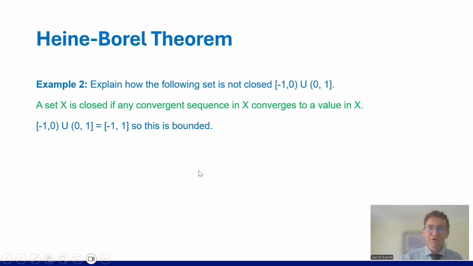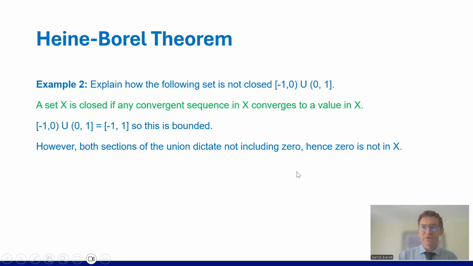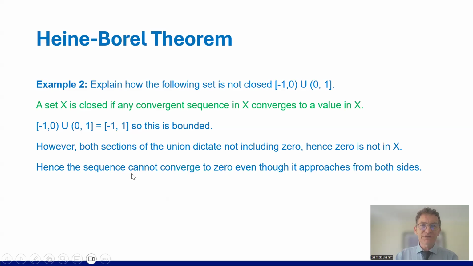However, both sections of the union dictate not including 0. Hence, 0 is not in X. Hence, the sequence cannot converge to 0, even though it approaches it from both sides. Therefore, the set is not closed. So while you're saying this, you're looking at this knowing that there's no 0 in that bounded range. So we've used this to prove it's not closed.